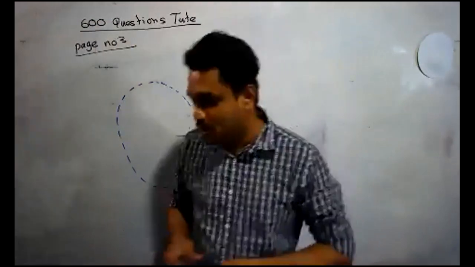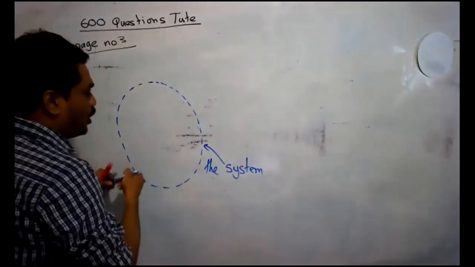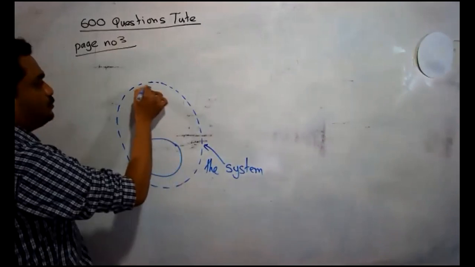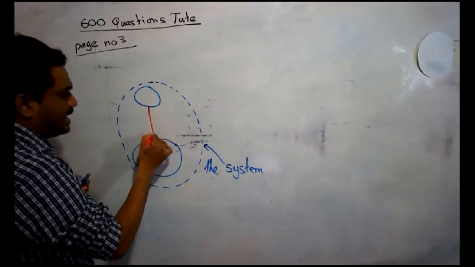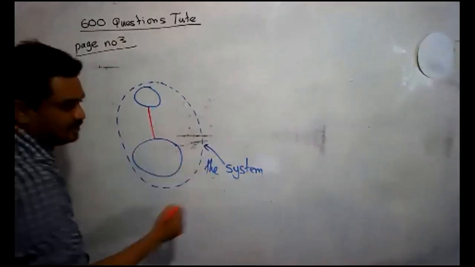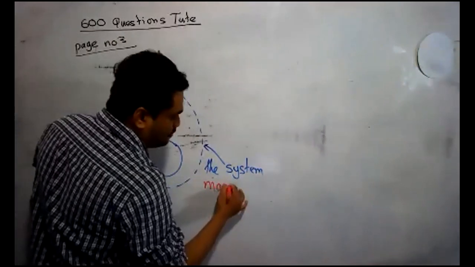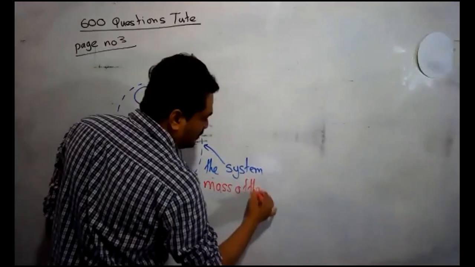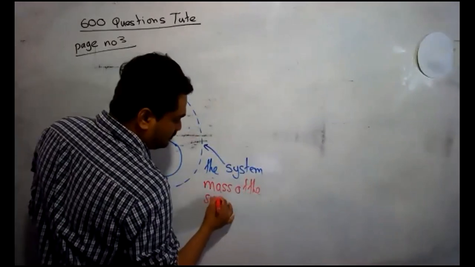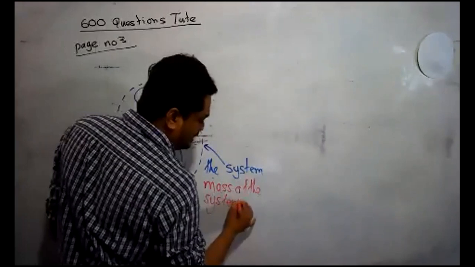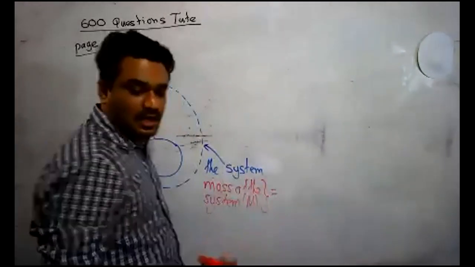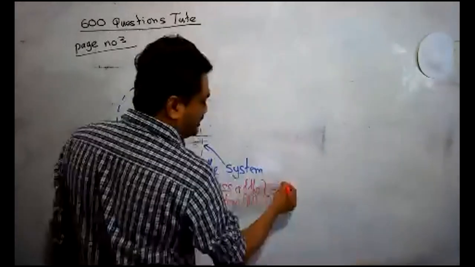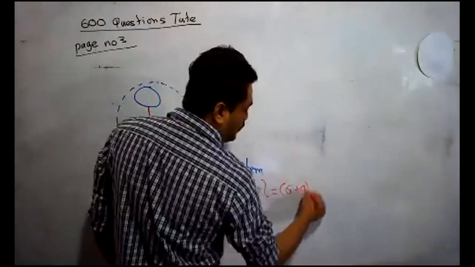So here I'm not going to worry about the ball here, or the ball there, or this. I consider everything as a system, and I'm going to write the mass of the system. Let me take this as capital M equals the mass of the first ball 6 kilogram plus the mass of the second ball 9 kilogram.